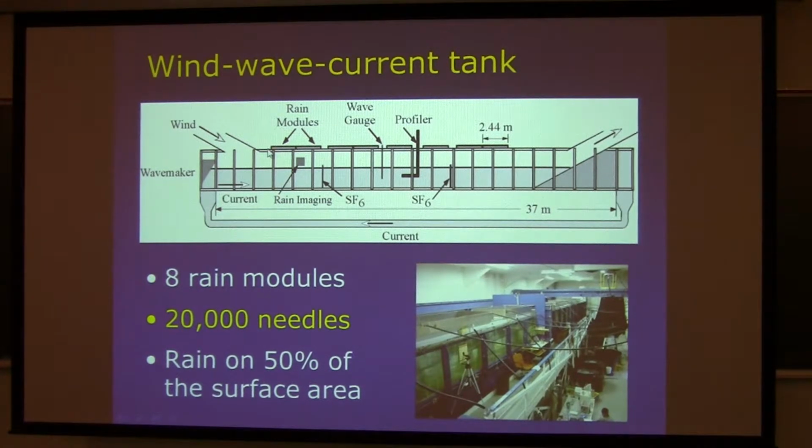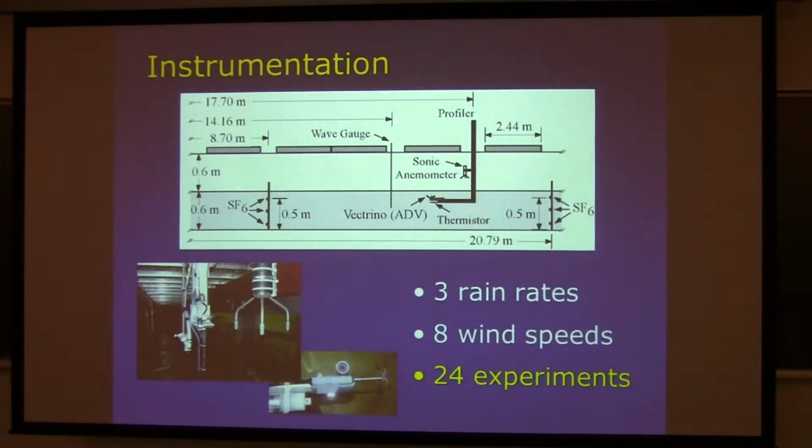This experiment was to go, we know rain induces gas exchange. We want to know what happens when you combine rain and wind to affect the gas exchange. So our instrumentation for this, we had the two SF6 stations. We had a profiler which gave us a profile measurement of wind speed with a sonic anemometer.